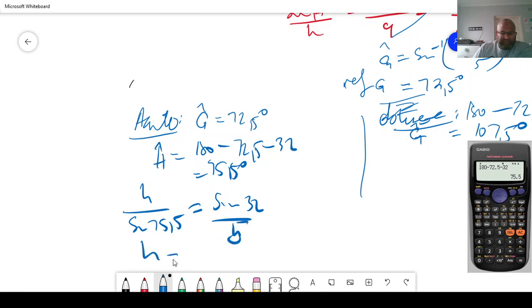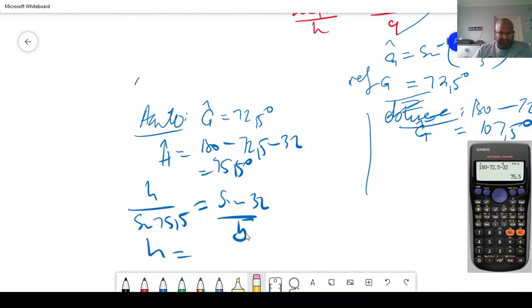Remember I went the other way around, so this must be 5 over sine 32.